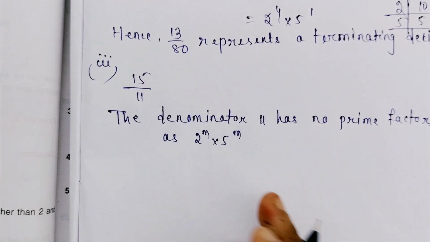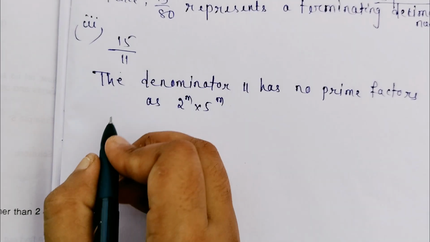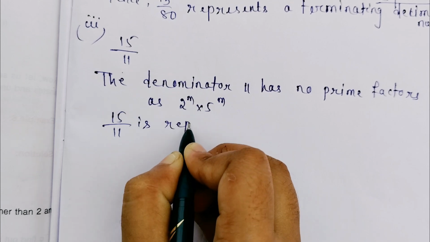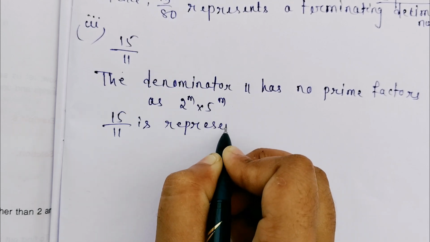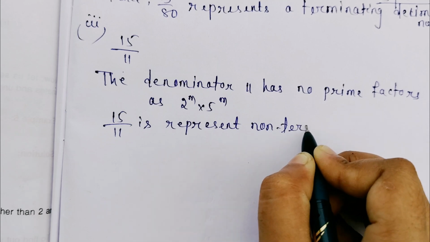Hence 15 by 11 represents a non-terminating decimal number.